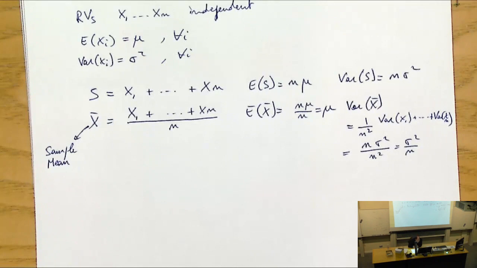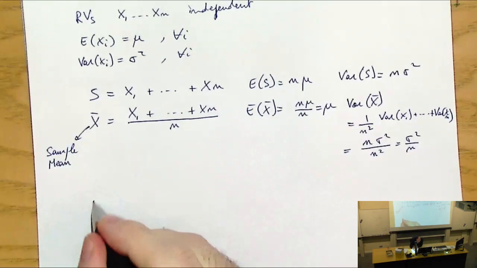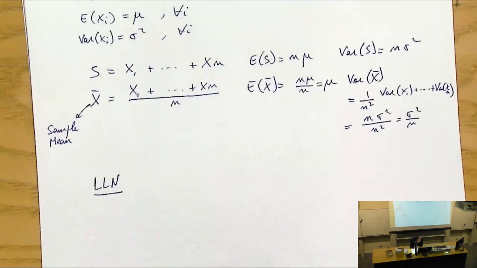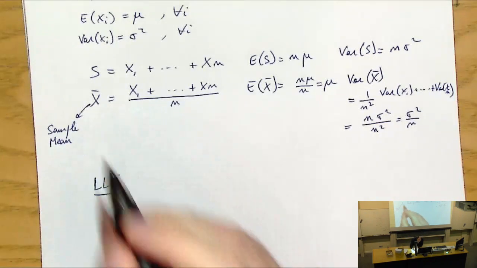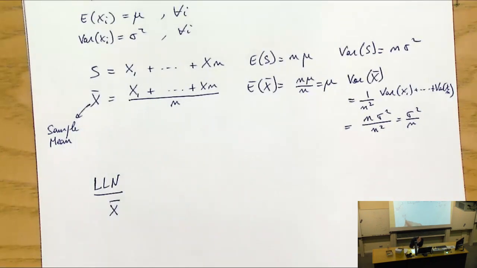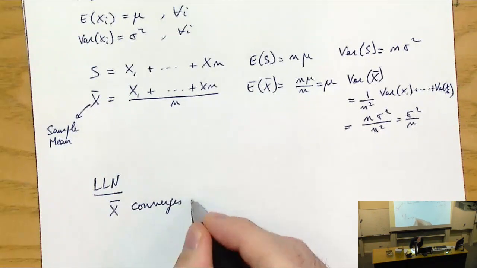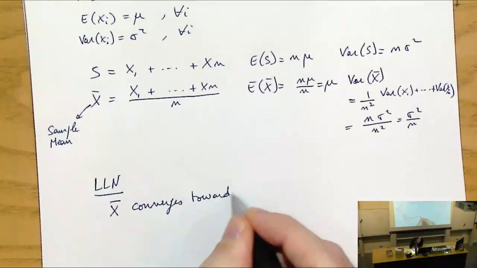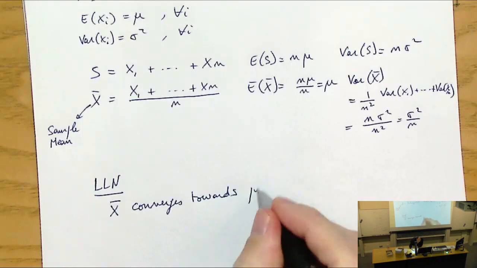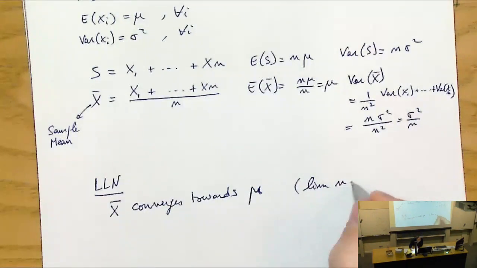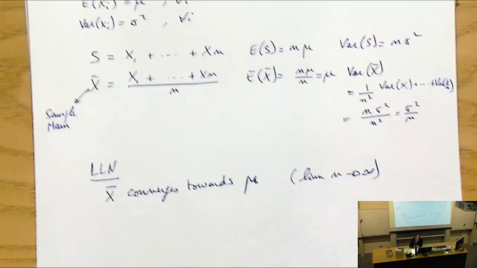Okay, so what does the law of large number tell us? Well, essentially it says that if you look at this x bar quantity, x bar converges towards mu in the limit when n goes to infinity.